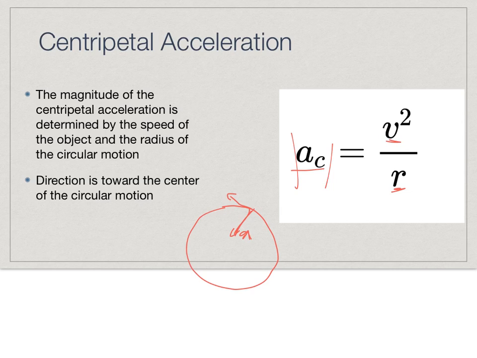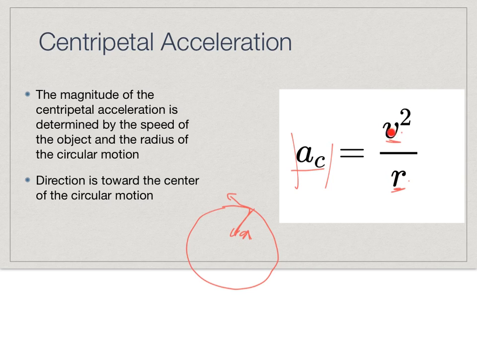Okay, and that depends on the speed at which you're going and the radius of the circle that you're traveling in. Right, so if you look at the two, for centripetal acceleration, which one matters more? Your speed or this radius? You can see here that this term is squared, so the speed matters more for centripetal acceleration. The radius doesn't matter as much because it's not squared.